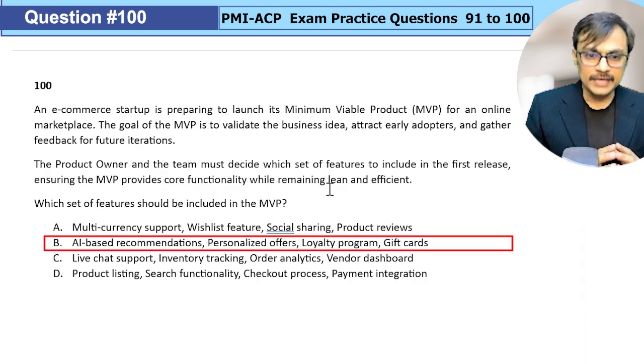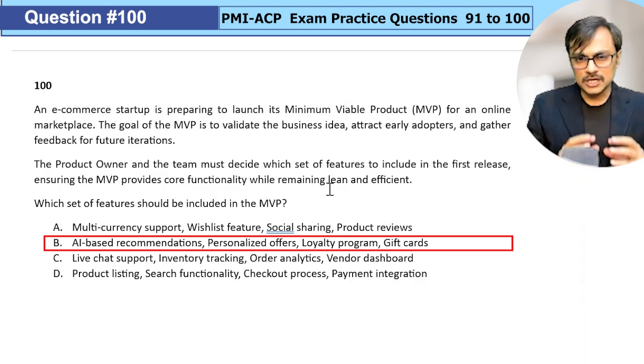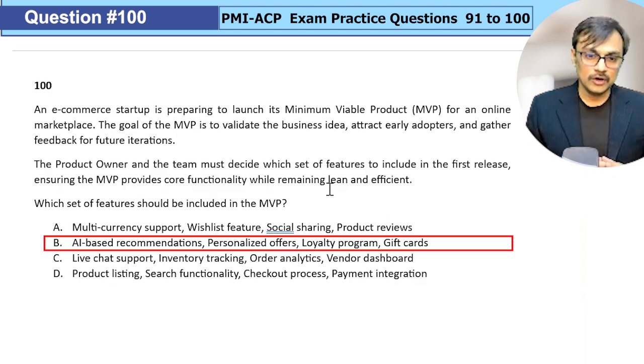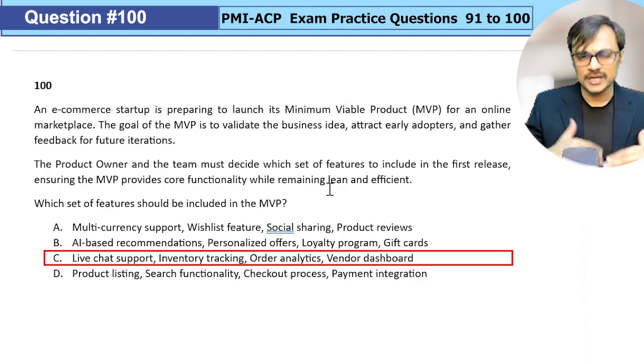Option B: AI-based recommendation, personalized offer, loyalty program, gift cards. Recommendation and loyalty usually come at a later stage. First, you need to get the customer and then you want to hook them, unless your product itself is loyalty. Option C: live chat support, inventory tracking, order analysis, dashboards. Dashboards and analysis usually come later.